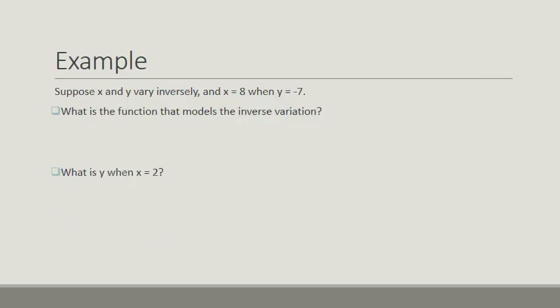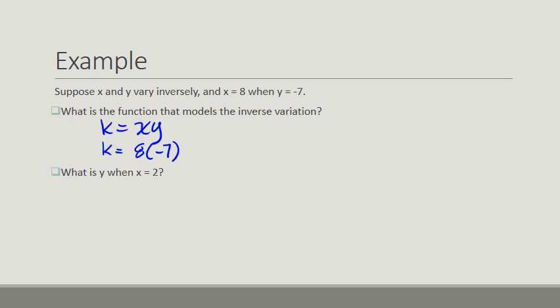Okay. So now let's suppose that x and y vary inversely, and x equals 8 and y equals -7. We want to write a function that models that inverse variation. So k, remember, is equal to x times y. So k is going to equal 8 times -7, which is -56.